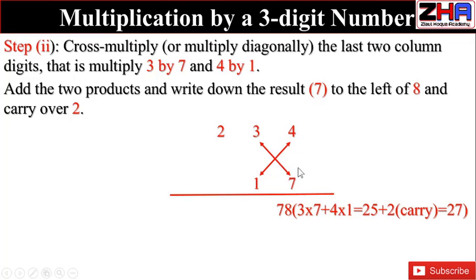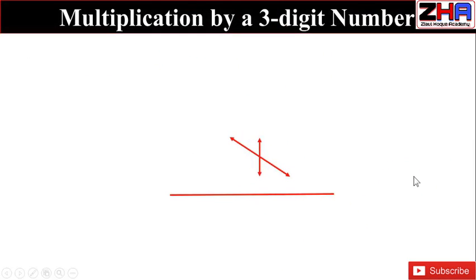Here we multiply diagonally and add: 3 into 7 plus 4 into 1 is 25, and carry 2, this is equal to 27. So put 7 to the left of 8. So we have here 78 and carry over 2 for 27.